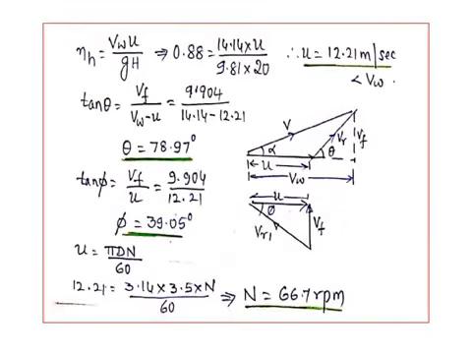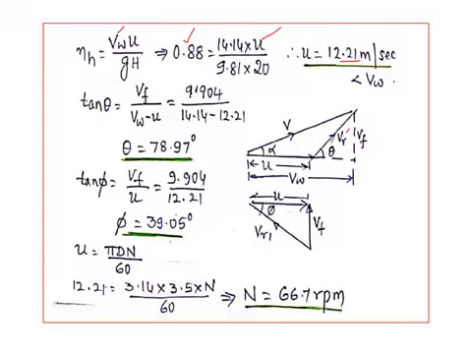Using hydraulic efficiency, which is Vw u by gH, with hydraulic efficiency 0.88 and Vw 14.14, we get u as 12.21. Here Vw was 14.14, so u starts from the tail of V and stops because it is less. Now the line joining tip to tip is nothing but Vr.